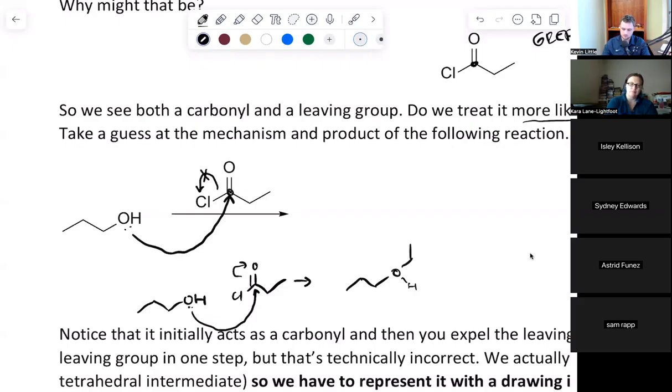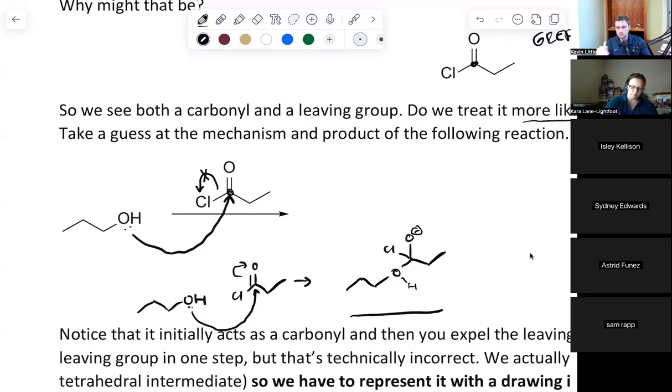This was the most frustrating thing to me when I took organic chemistry. So I know it's going to be something that a lot of you guys want to do. The reason why we draw this is because this exists. This is a known intermediate. This is an isolatable intermediate. Every time we draw a new picture in a mechanism, we're saying that it represents something that can be isolated.